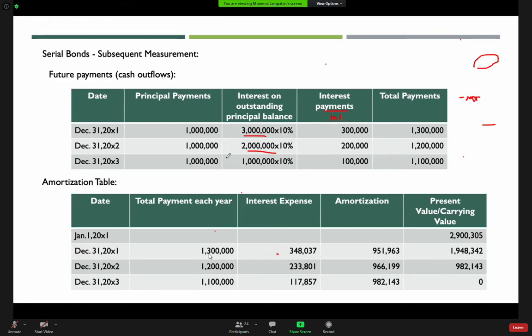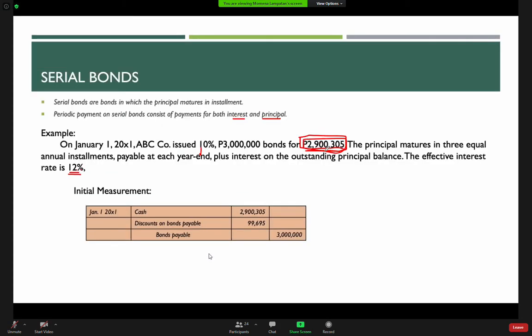Kung ano lang yung outstanding balance, yun na lang yung magkaka-interest. So, you will have 100,000 for the third year. So, ito ngayon yung total cash outflow ninyo each year. Okay? So, for the first year, the cash outflow will be 1,300,000, 1,200,000 for the second year, then 1,100,000 for the third year.